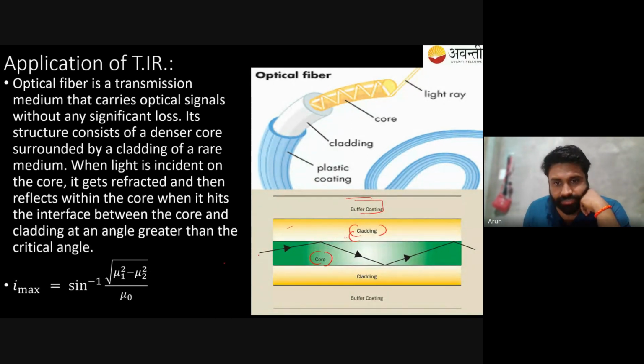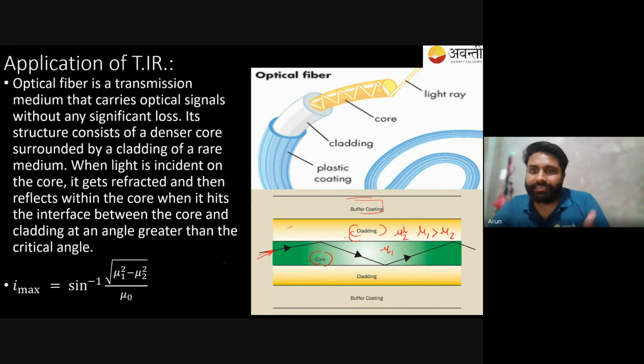The core has a refractive index of mu1, and the cladding has a refractive index of mu2. Here mu1 is greater than mu2, which means the core is much denser than the cladding.